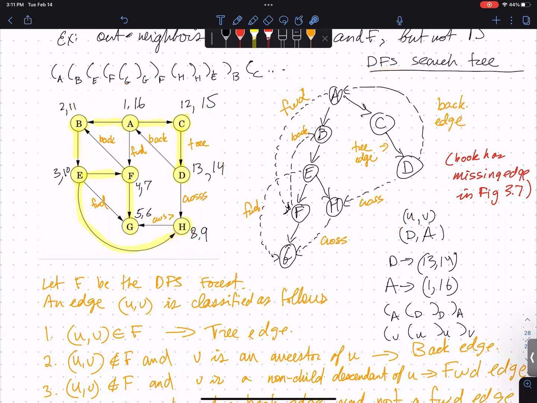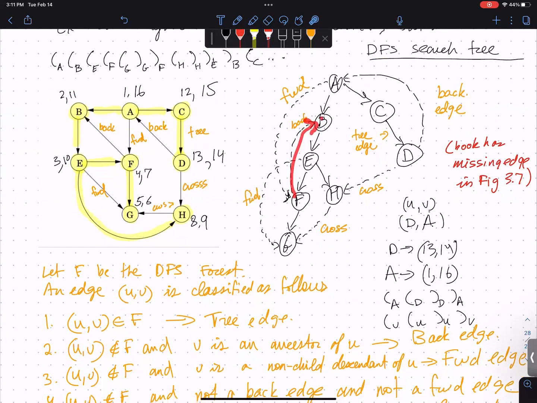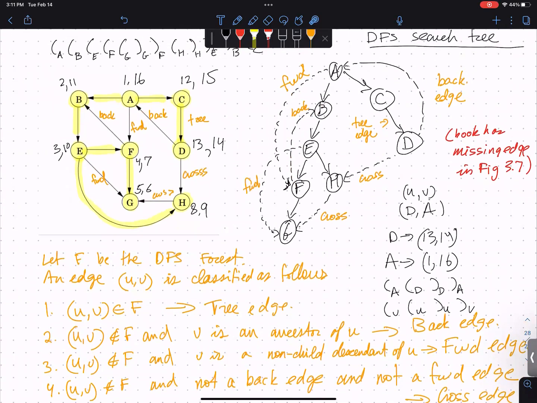Now, how do I tell what type of edge, for example, this one is? We have 2 ways. One is we look at it in the forest, and in this case, it's an edge from a node to its ancestor. That is the definition of a back edge. Or we can look at the intervals.